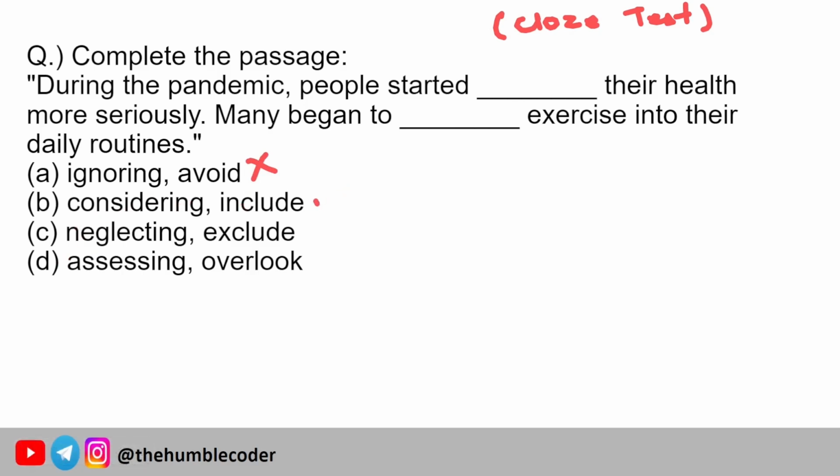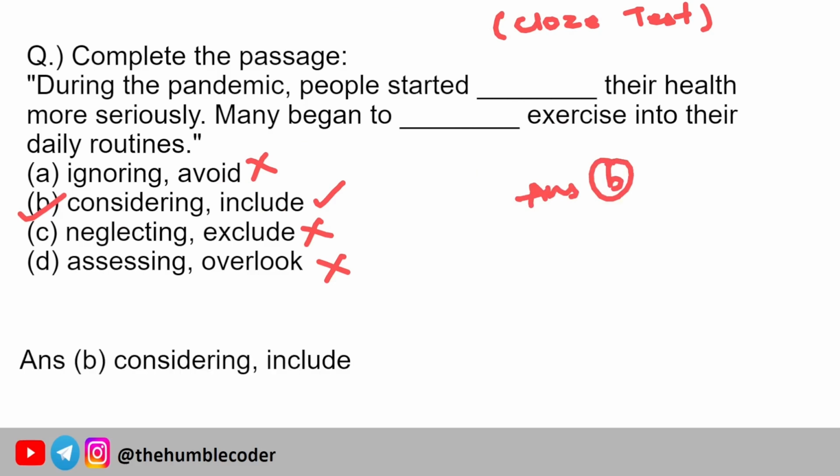Yes, this seems to be a better fit. The third one is neglecting, which means not taking care, and the fourth is assessing. We never assess the health, we take care of it. So it means considering. Many people started considering their health more seriously. Many began to include exercise into their daily routine. So the correct answer for this question is option B, which is considering and include.